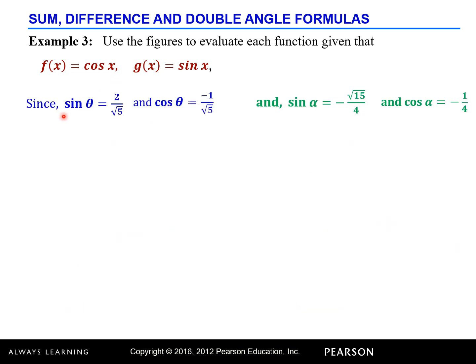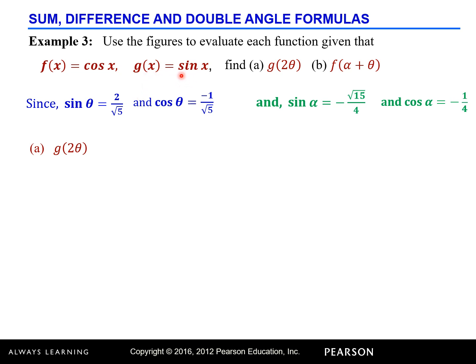Since we are done finding sine theta, cosine theta, and sine alpha, cosine alpha, we can continue solving this since we're finding g of 2 theta and f of alpha plus theta. So for letter A, g of 2 theta, meaning we will substitute 2 theta for every x in the given function g.